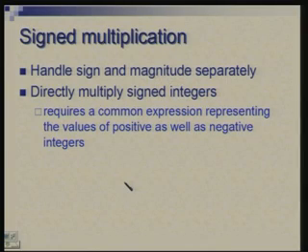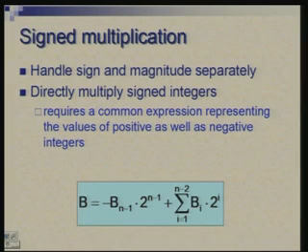Again, the representation we will use is 2's complement, and it is shown here. You would notice that there is a similar kind of summation, but it goes to bit n minus 2 only. The last bit, which is the sign bit, is handled separately. All that we have done is put a negative sign with this. Again, the weightage is 2 raised to power n minus 1 here, but the only difference is that this comes with a negative sign.